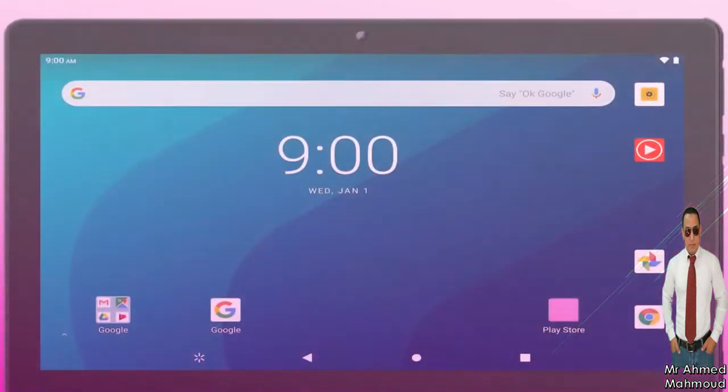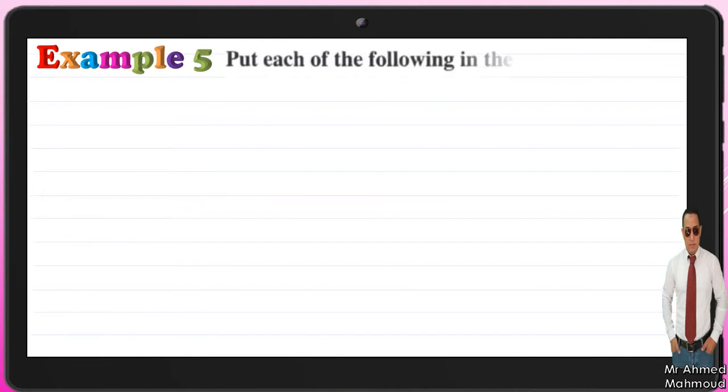Okay, now let's solve the next question. Here in this one we have: put each of the following in the simplest form, 4 plus i over i.